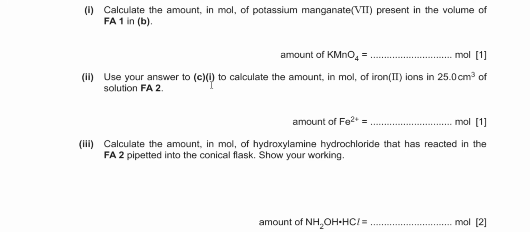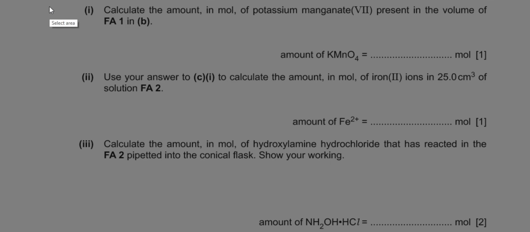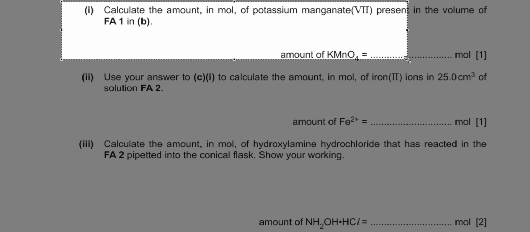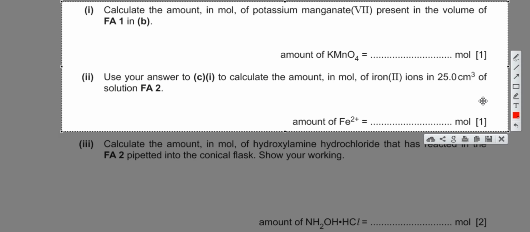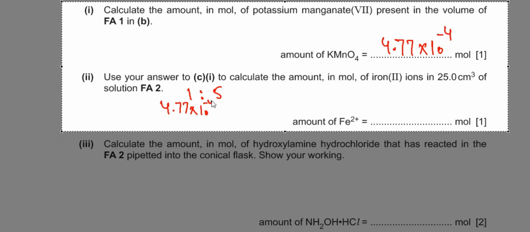Potassium manganate, we have done this. Then C1, yes, here. So how am I going to solve? As I told you, make the ratio. Let me write it again. The value we obtained here was 4.77 times 10 to the power minus 4, and the ratio is 1:5. If the manganate ions are 4.77 times 10 to the power minus 4, then how many moles of iron 2 do we have?